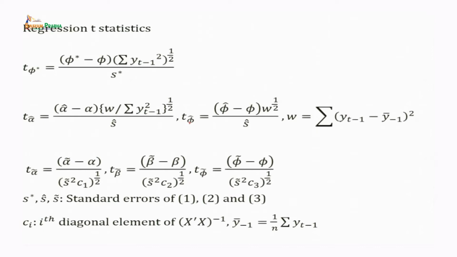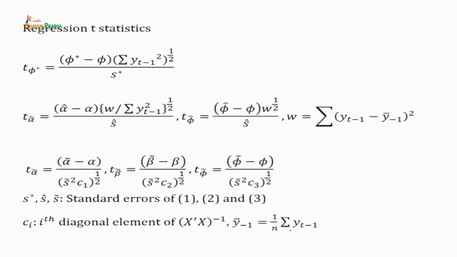For phi, the t ratio is t phi hat equal to phi hat minus phi upon s hat w to the power half, and w is actually the summation of (y t minus 1 minus y bar minus 1) whole square. Here y bar minus 1 is equal to 1 upon n summation y t minus 1.